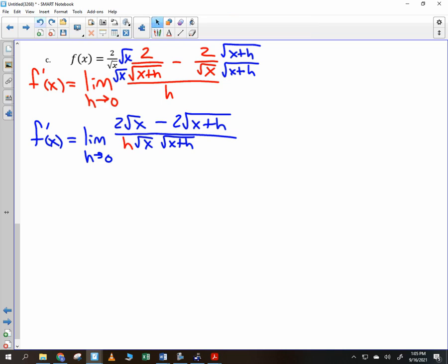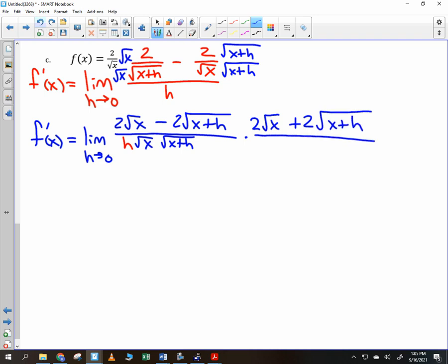Now we multiply by the conjugate. And the conjugate is 2 roots of x plus 2 roots of x plus h. In the denominator, 2 roots of x plus 2 roots of x plus h.